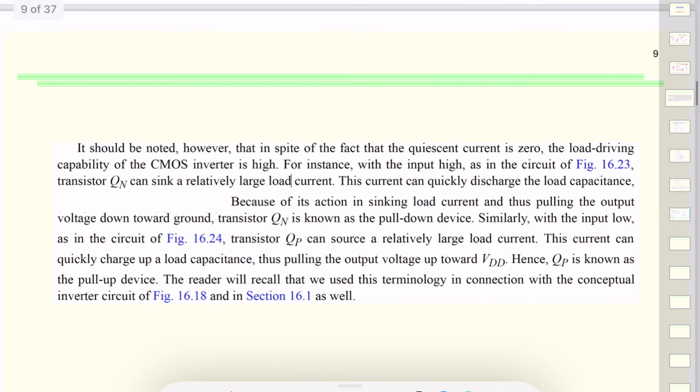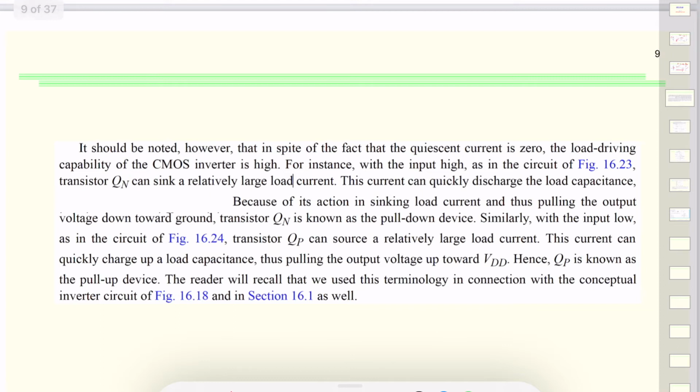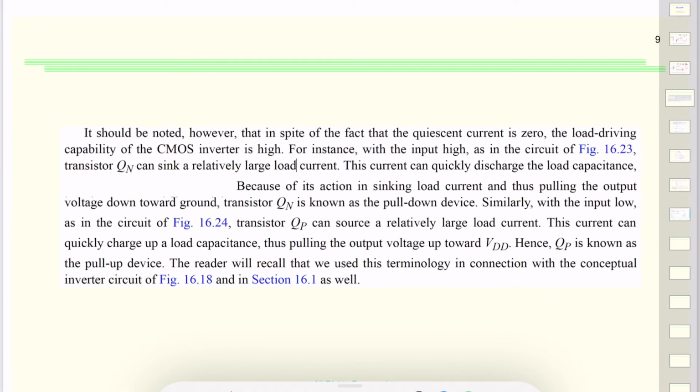One is that the load driving capability of the inverter is high, which means that as soon as we provide an input, we get a change on the output. So when we are grounding the load, we can sink the current, so we can drive the load pretty heavily.